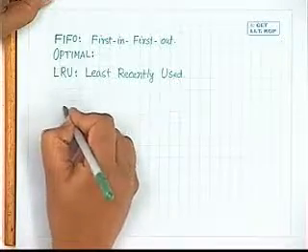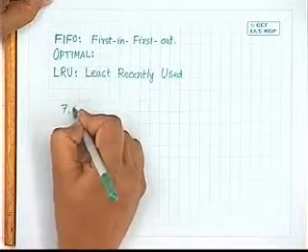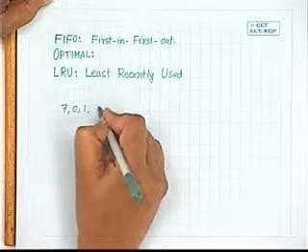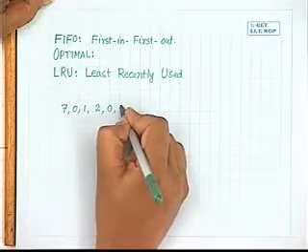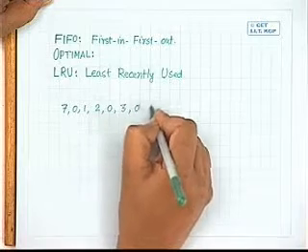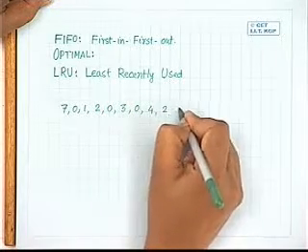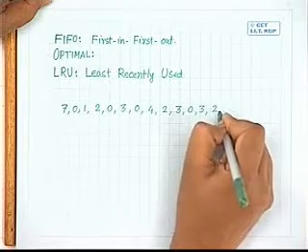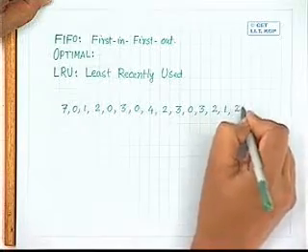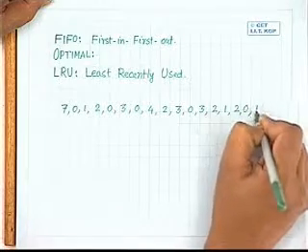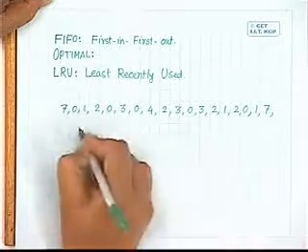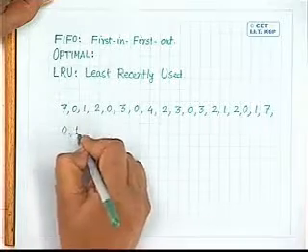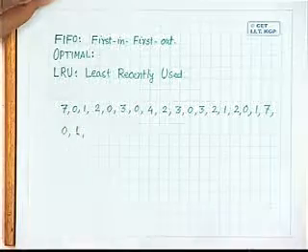So suppose the CPU generates a sequence of page numbers, something like this. 7, 0, 1, 2, 0, 3, 0, 4, 2, 3, 0, 3, 2, 1, 2, 0, 1, 7, 0, 1, maybe something like this.